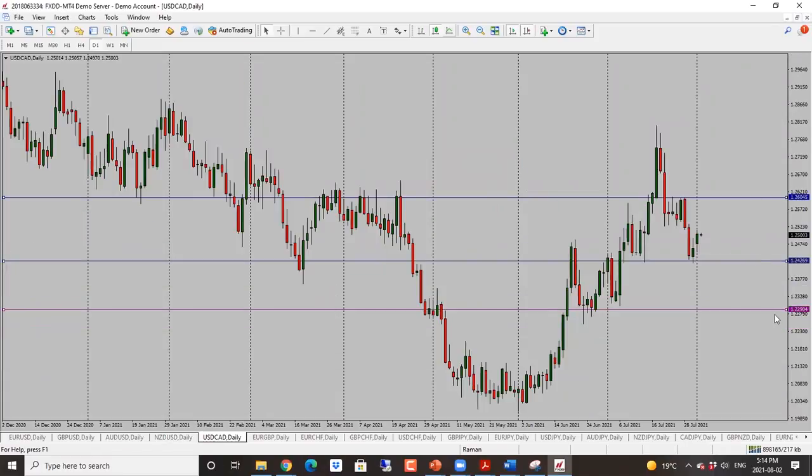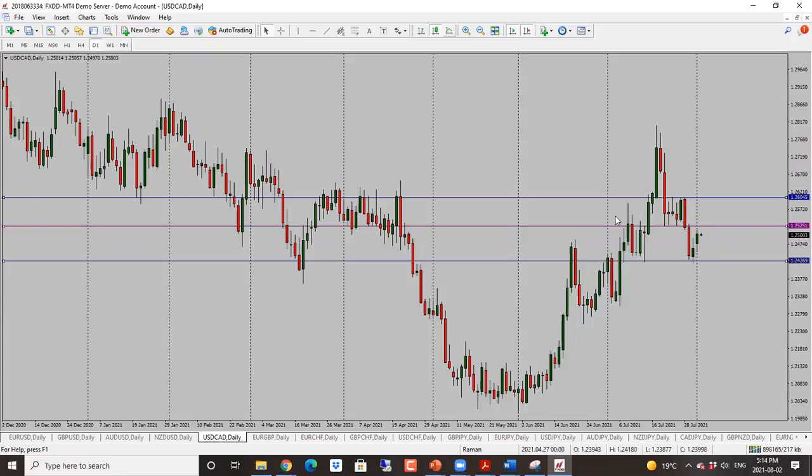Dollar CAD has been going up, and in this case, the Canadian dollar was negatively impacted by the price of oil. Oil dropped as a result of the drop in PMI numbers, and with that, the Canadian dollar didn't do too well either. This is why dollar CAD has been moving up. Price is coming into resistance though.